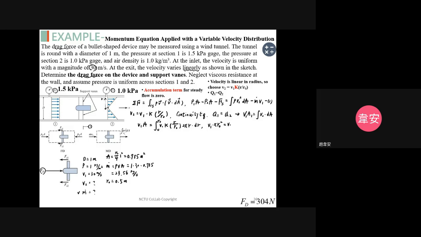V1 is a constant, K is also a constant but is our unknown parameter, and 2 pi is also a constant, and R0 is also a constant, divided by R0.